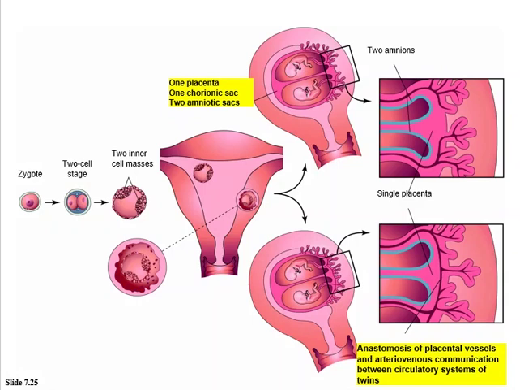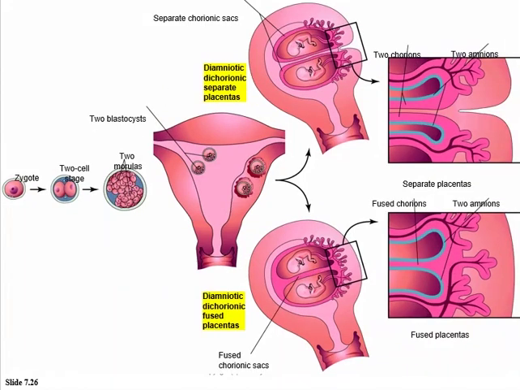Here we have anastomosis of placental vessels and arteriovenous communication between the circulatory systems of twins. Also, in case of a zygote with two morulae, the morula in the early cleavage stage becomes two morulae.